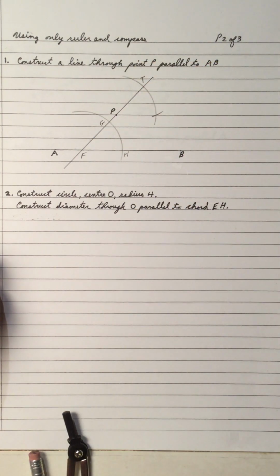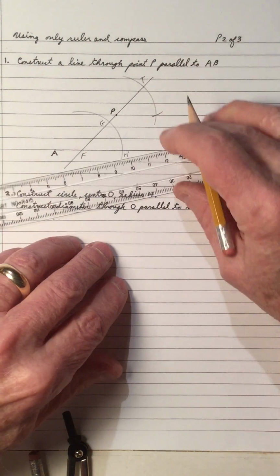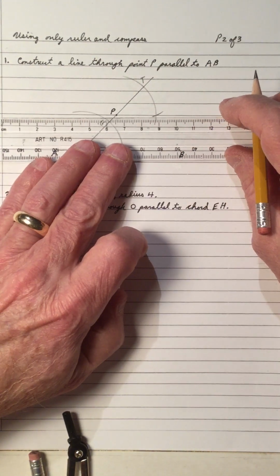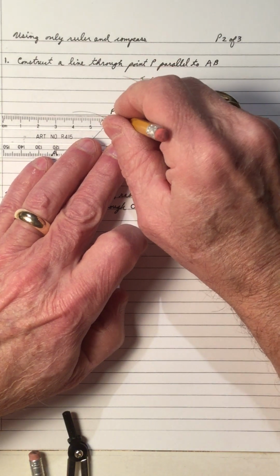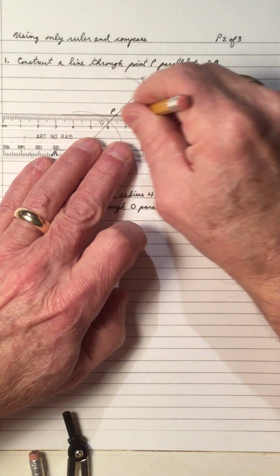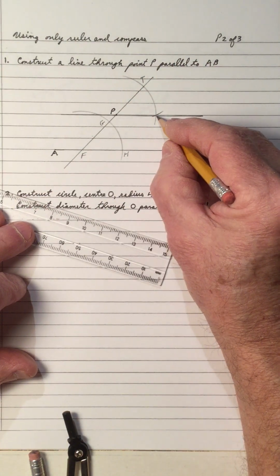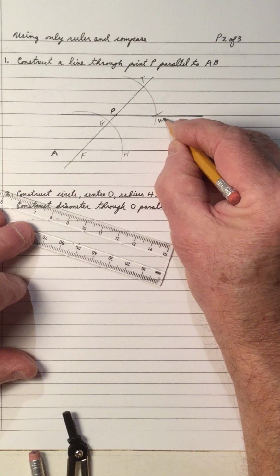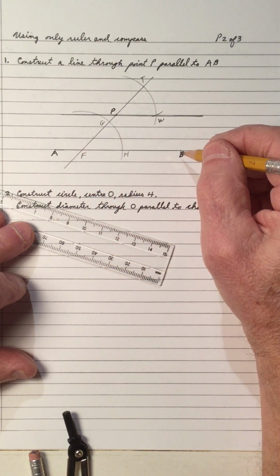So now I have the arcs drawn, so I'll draw a line or a segment from P to those two arcs. So there's P, and we draw. If I call where these two arcs intersect W, that means PW is now parallel to AB.